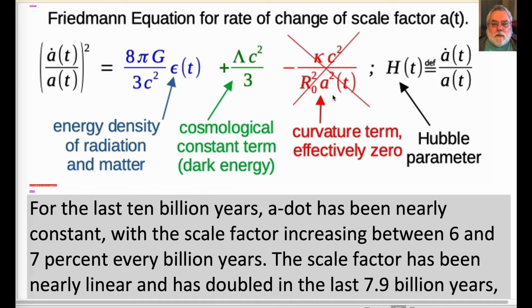Zero curvature is also called a flat universe, flat space, or a flat geometry. When you hear flat in this context, do not think that our three-dimensional space is some version of a two-dimensional plane. This meaning of flat is different than a flat plane.